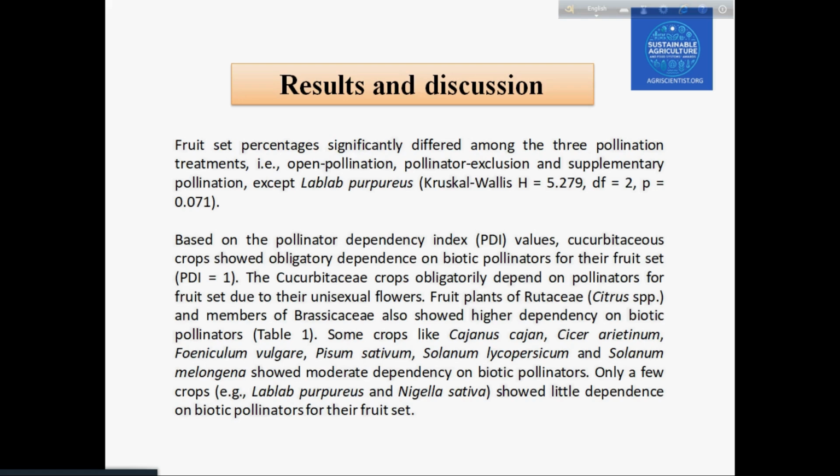Fruit plants of Rutaceae and members of Brassicaceae also showed higher dependency on biotic pollinators. Some crops like Cajanus cajan, Foeniculum vulgare showed moderate dependency on pollinators. Only a few plants like Lablab purpureus show little dependency on pollinators.